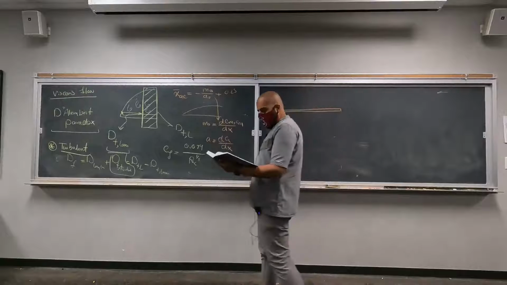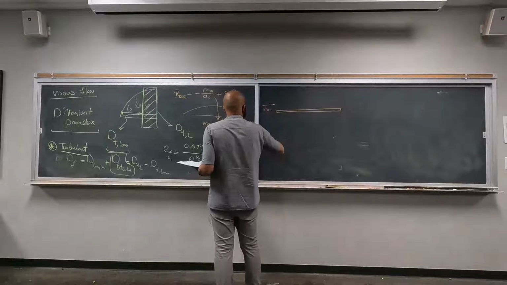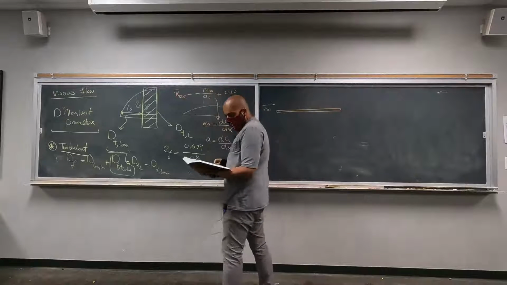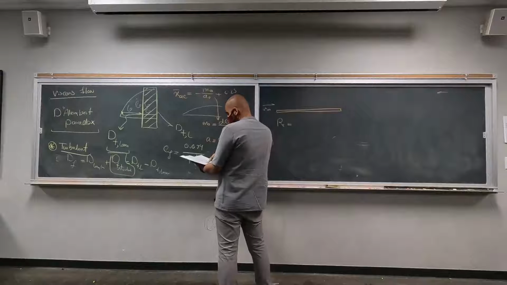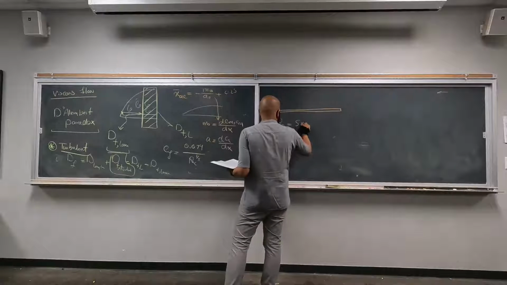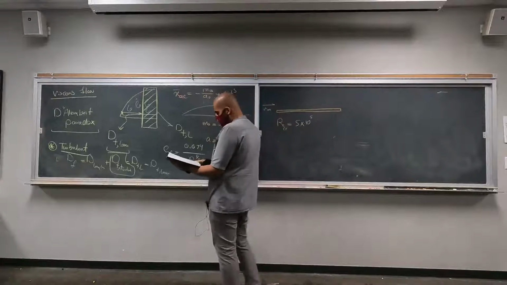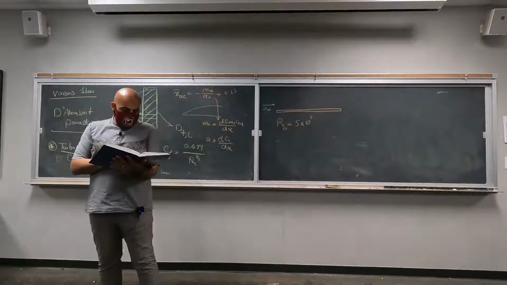We have this flat plate. Flow coming in is V infinity. And the critical Reynolds number is 5, 10 to the power 5. Let me give you the other dimensions.